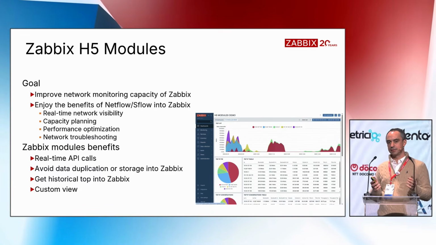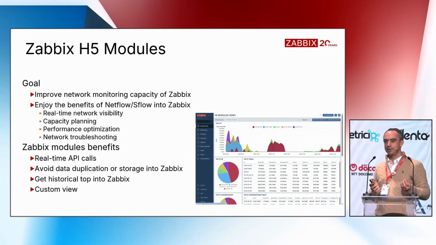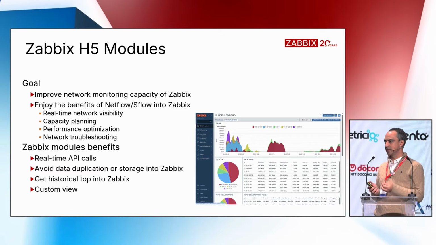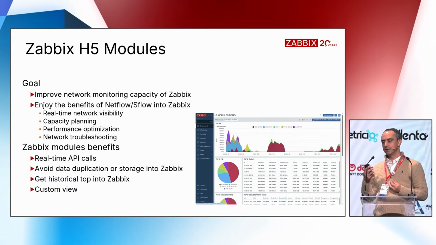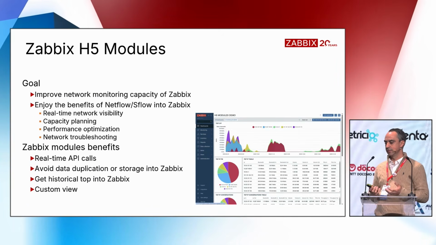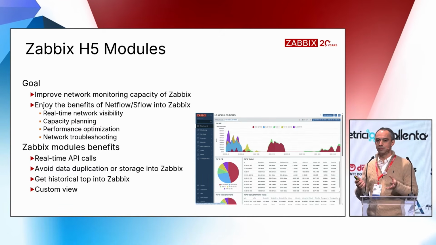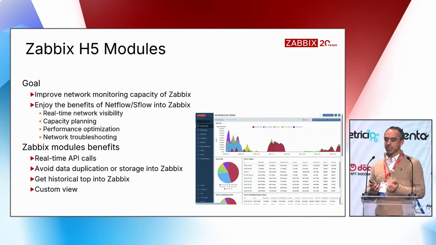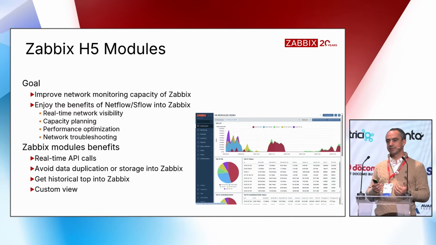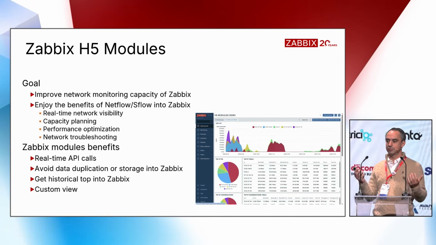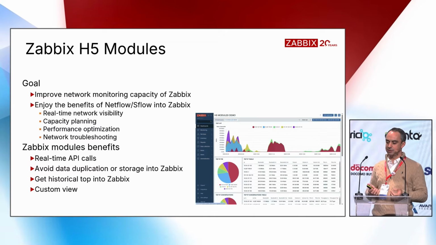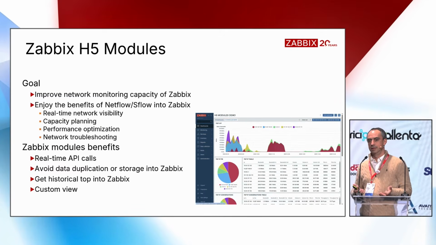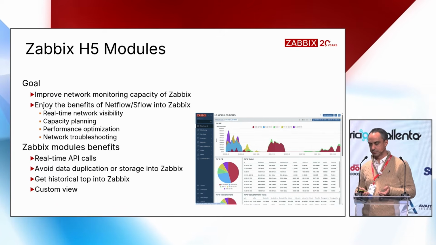So the idea here is to have real-time API calls from the Zabbix modules to get data directly from our database, to avoid duplicating the data and loading the Zabbix server. It also allows getting historical tops. For example, if you want the top talkers or the top applications over a period, it's possible with these modules.